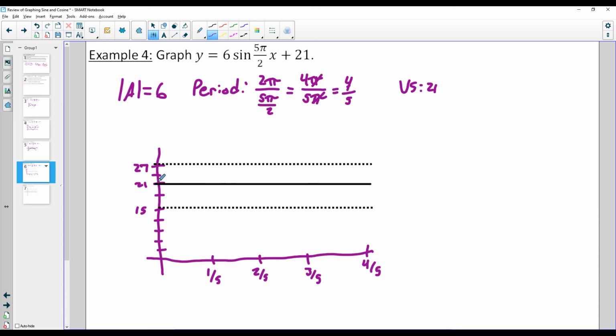Positive sine, so we're going to start at our midline. At the next tick, we're up, and there, and there, and then there. It's a pretty good sine function, drawing that on a tablet.